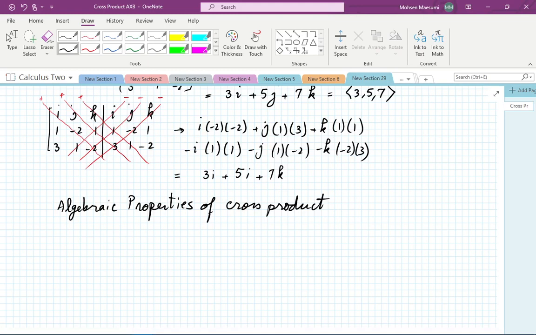These are all very easy to observe or prove. First of all, when you are multiplying two vectors, finding their cross product, this is the first instance where the order of multiplication is going to be important. If you switch the order, the product is going to flip, meaning it becomes negative of itself. So that is an important property.